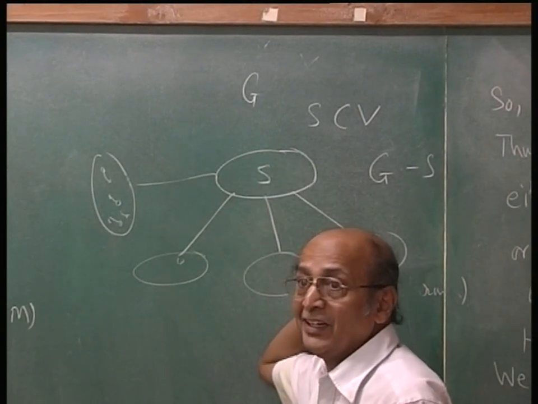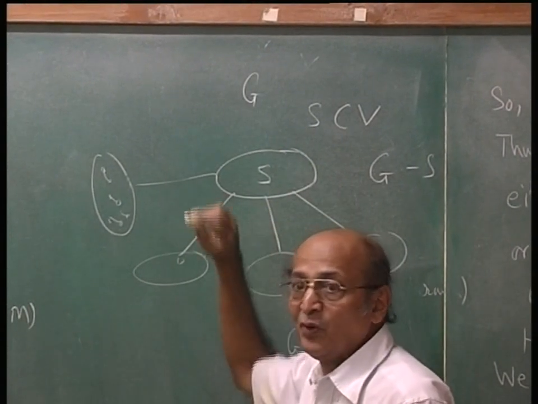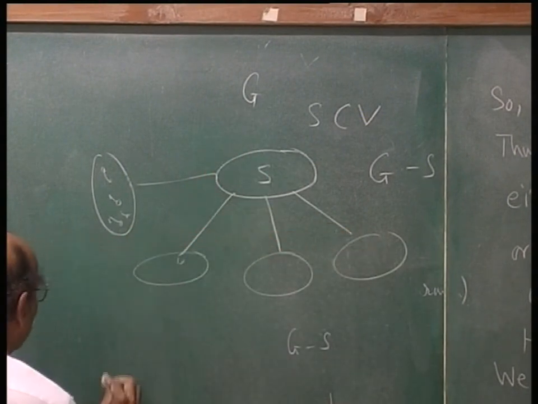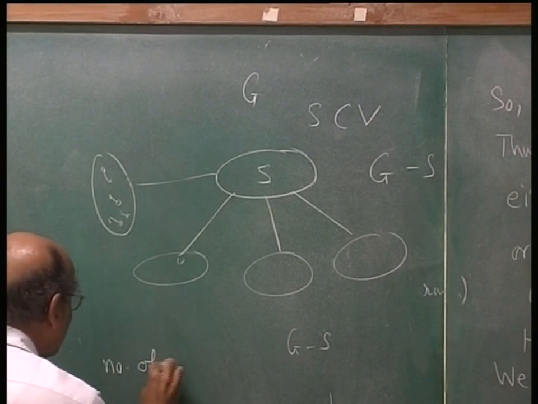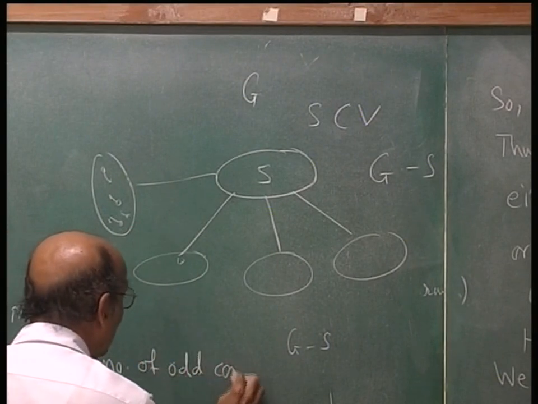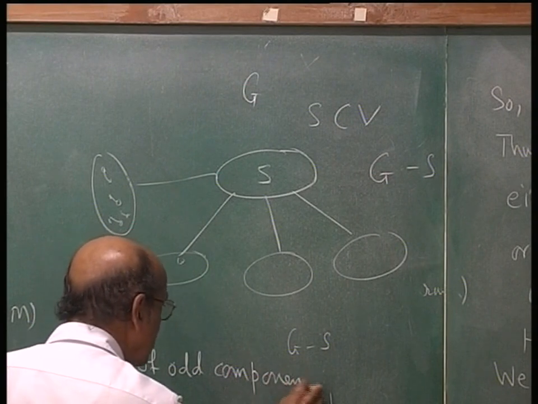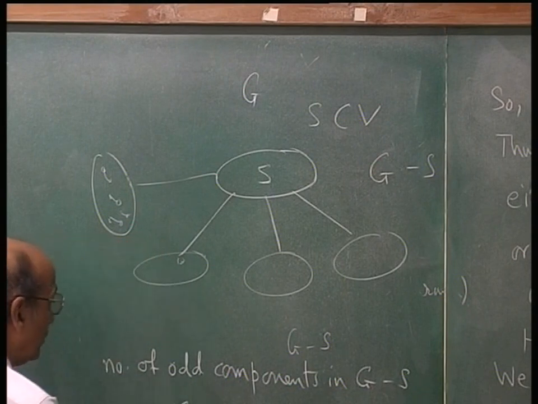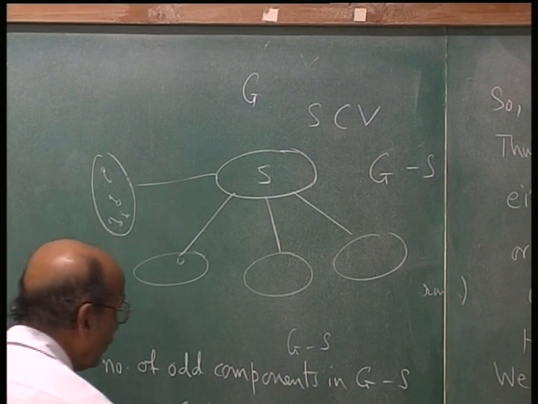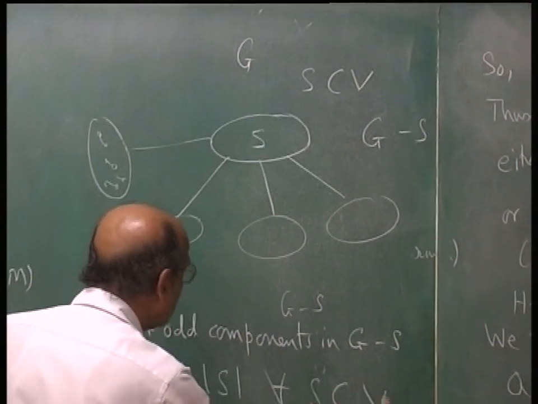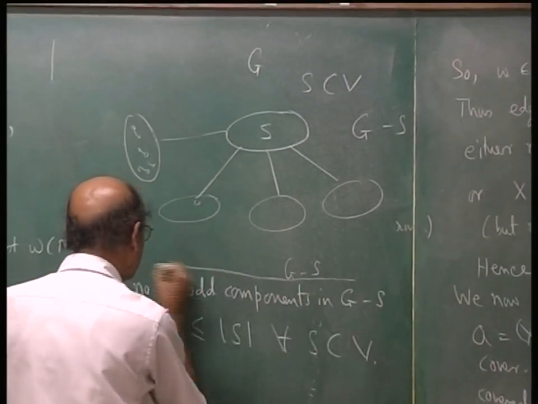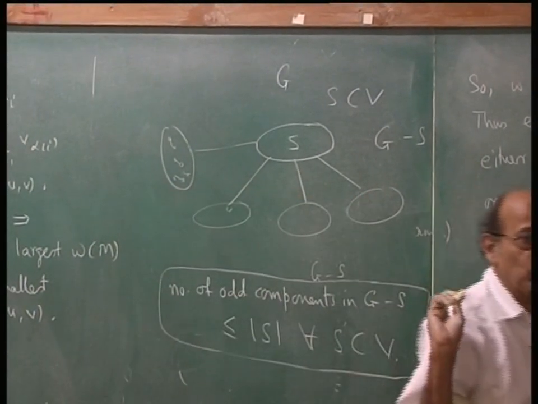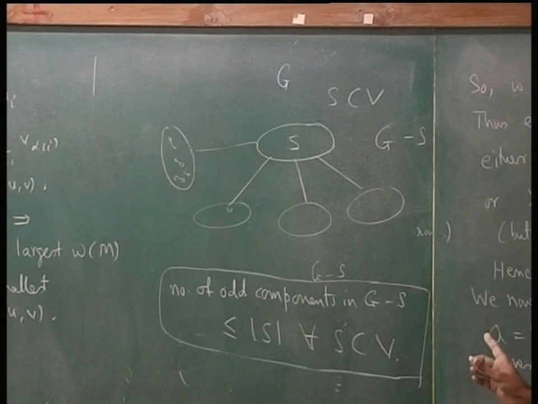Therefore, clearly a necessary condition for a graph in general to have a perfect matching is that the number of odd components, by which I mean components with an odd number of vertices, in G minus S is less than or equal to the size of S itself, for every S in V. What turns out to be true is this is also a sufficient condition.